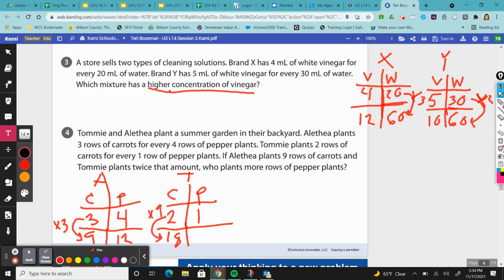Have to do that to the other side. 1 times 9 is 9. So who has, at the end of this, more rows of pepper plants? So when they give you a rule like this, if this and that, then what? Then you've got to analyze that a little deeper, analyze a little further, okay? So we see that Athena has more rows of pepper plants, right?